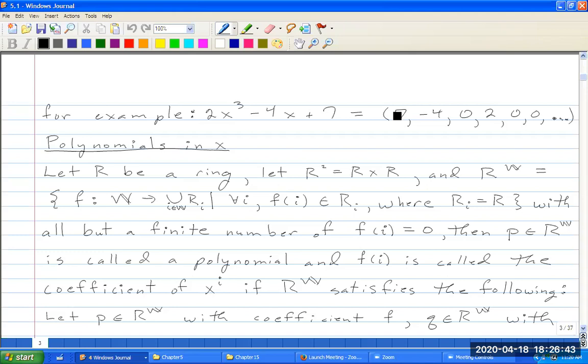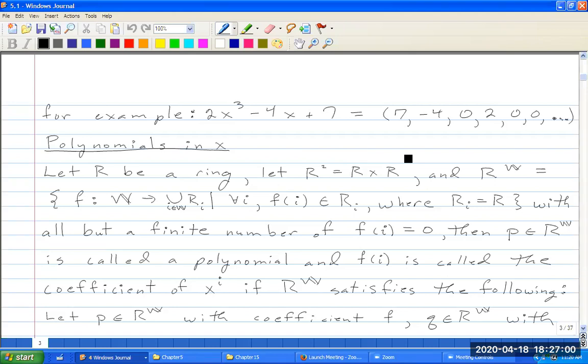So let me redefine polynomials. A polynomial in x. Let R be a ring, and let R squared denote the Cartesian product of R with itself.